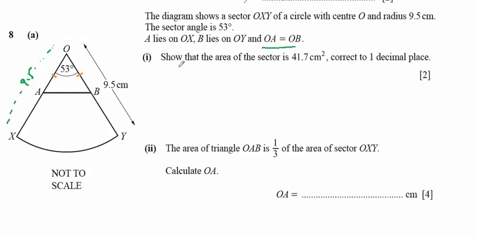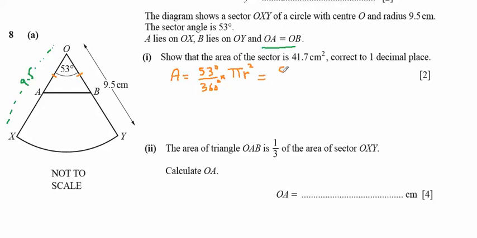The area of the sector is equal to the angle of the sector, 53, divided by 360, times pi r square. If it is arc length, then it is 2 pi r. So it is area, so it is pi r square. We just put the radius here and we will get the answer.